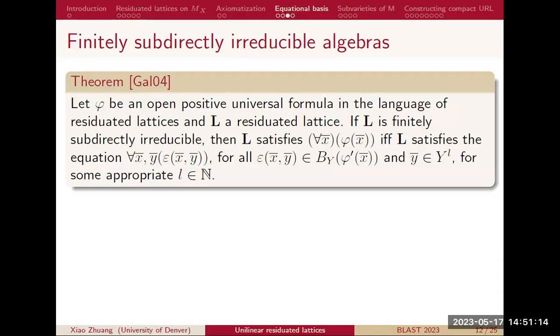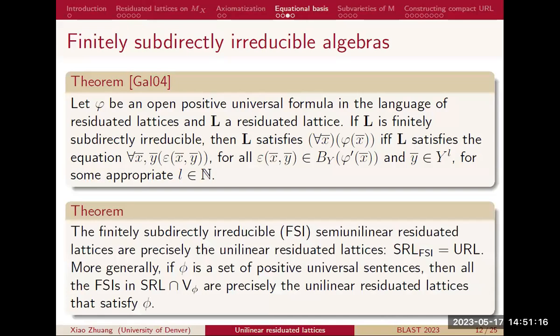So what does this mean in our class? It means that all the finitely subdirectly irreducible residuated lattices in the variety are exactly the union linear ones. Actually, this idea comes from the subdirectly irreducible ones in the semilinear residuated lattices. The subdirectly irreducible ones are not always linear in that variety, but the finitely subdirectly irreducible ones in that variety are always linear.